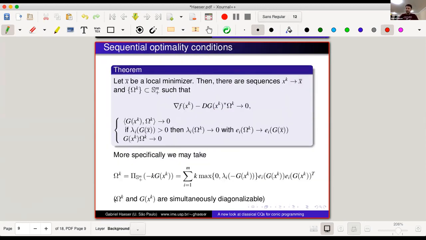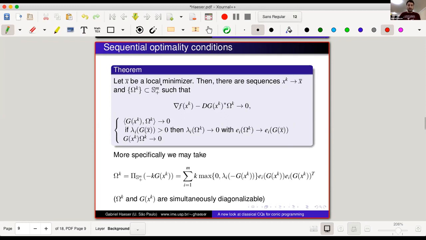So how do we do this? We do this in terms of the theory of sequential optimality conditions. In our group in São Paulo and in Campinas, we have been developing these tools for nonlinear programming in the past 10 years, and it has been a somewhat successful field. And the results are as follows.